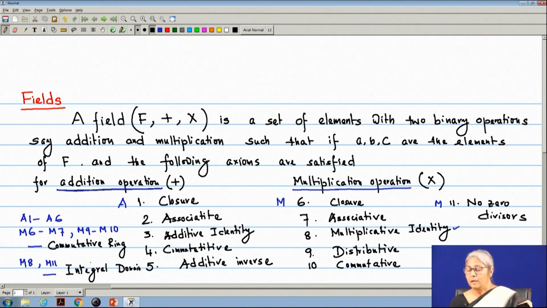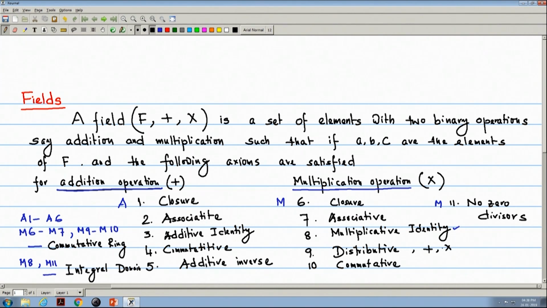Now see, when we considered the addition operation, we considered the additive inverse, but for multiplication, the properties that must be obeyed are closure, associative and multiplicative identity for an integral domain; it can be commutative, and distributive for both addition and multiplication. But the multiplicative inverse we have not considered.